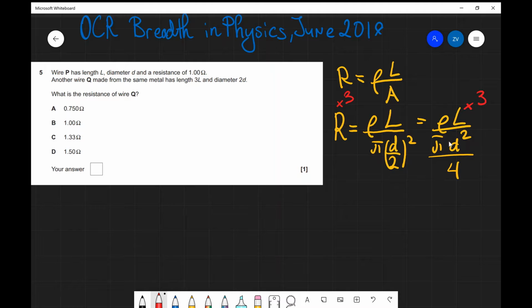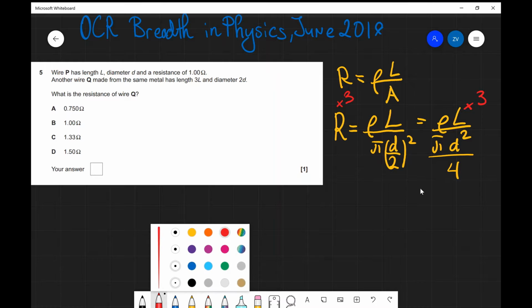However, if the diameter doubles, we're actually going to get a reduction of a factor of 4, and this is because the square applies to this increase in diameter.